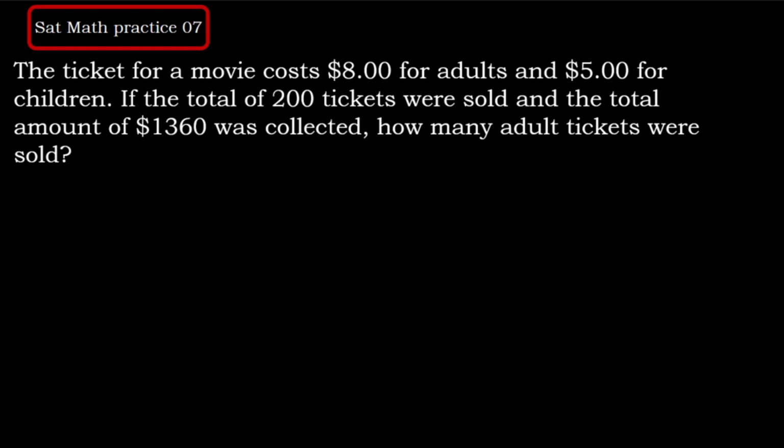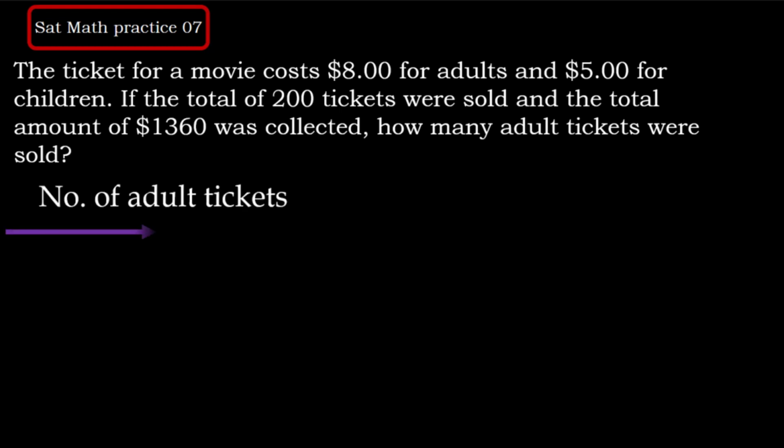The tickets for a movie cost $8 for adults and $5 for children. If a total of 200 tickets were sold and the total amount of $1,360 was collected, how many adult tickets were sold? We have two types of tickets, for children and for adults.